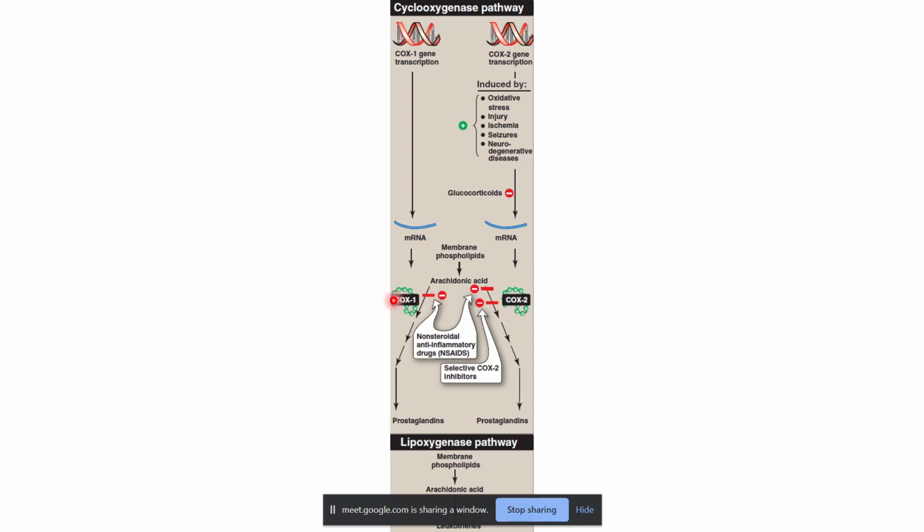And cyclooxygenase 1 is responsible for the production of the physiological prostaglandins that regulate the thrombocytes aggregation, protect the gastric wall with the mucosa, and regulate some physiological functions in the central nervous system.